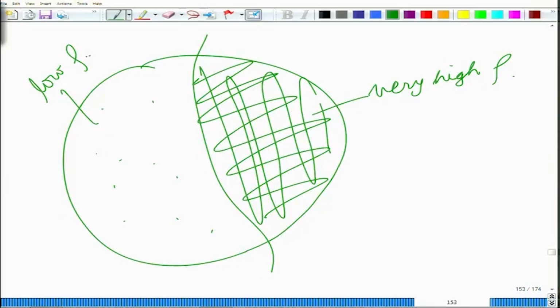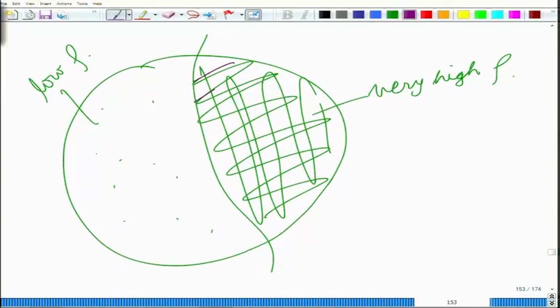In the case of random sampling, we would have chosen samples randomly anywhere. But stratified sampling says that because both of these areas are different from each other, we cannot take a single set of sampling, but we should divide this area into two parts which are homogeneous in themselves.